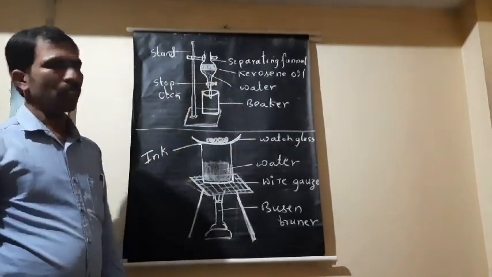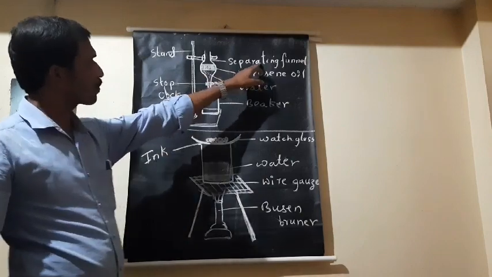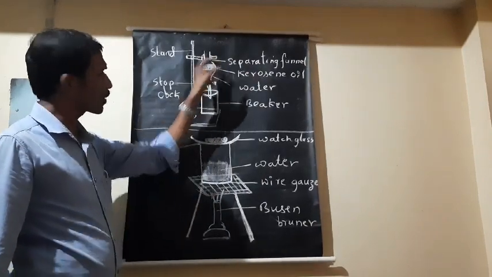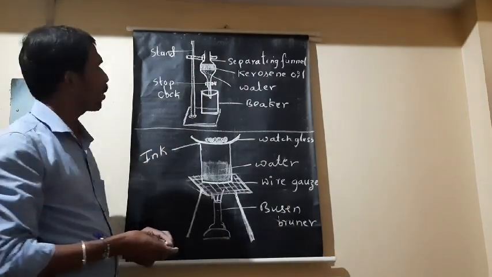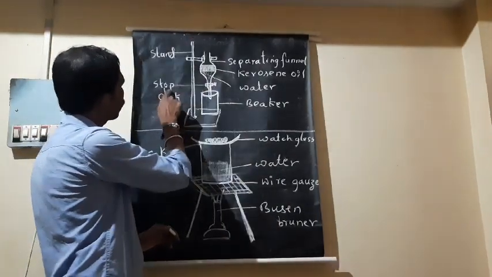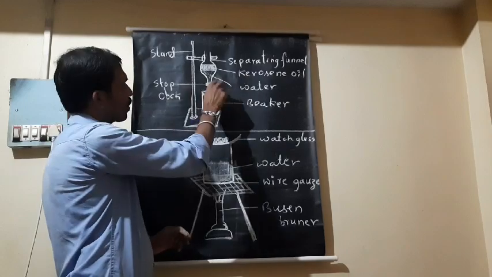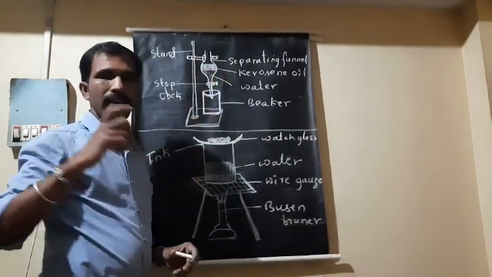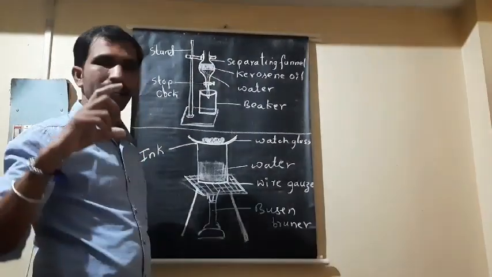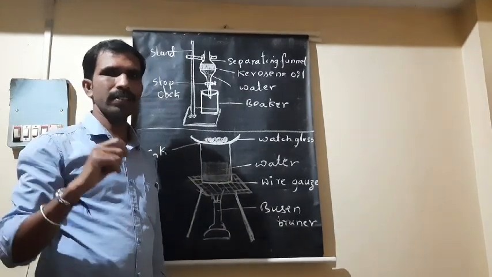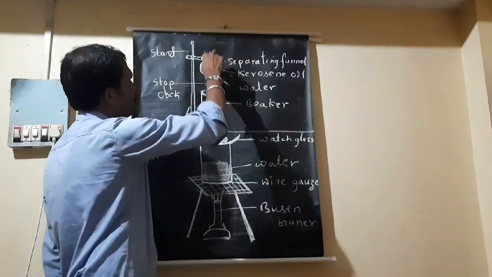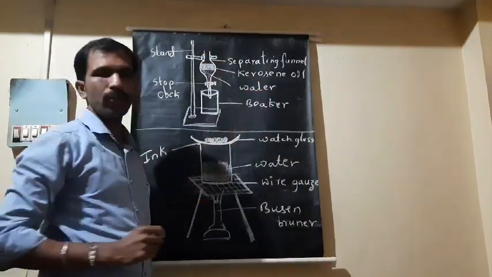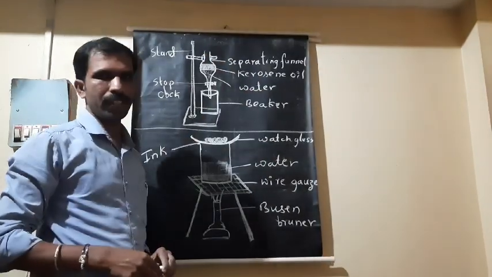Here we have to fix this separating funnel to the stand, close the stopcock, and pour in a mixture of water and kerosene. The mixture of kerosene and water is put in the separating funnel.